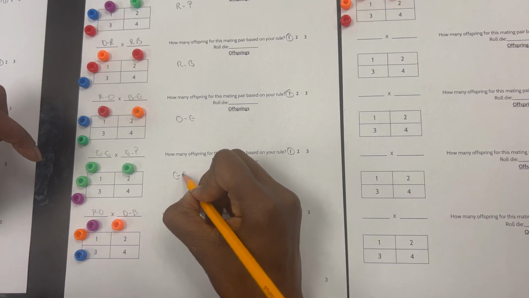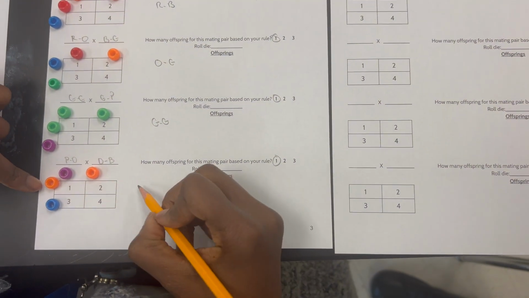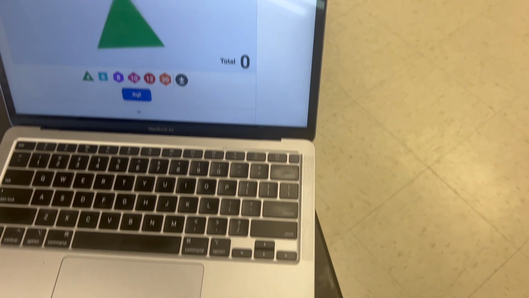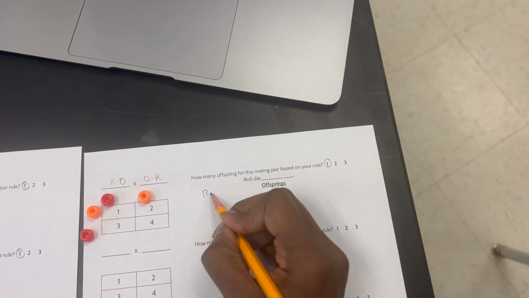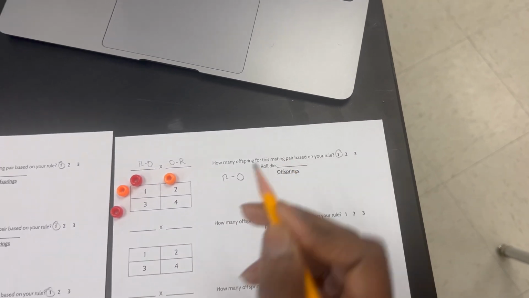We have a 2, so this is a green and green combination. So this is another 2, so this is an orange and orange combination. And last but certainly not least, we have a 1, which is going to give us a red and orange combination.